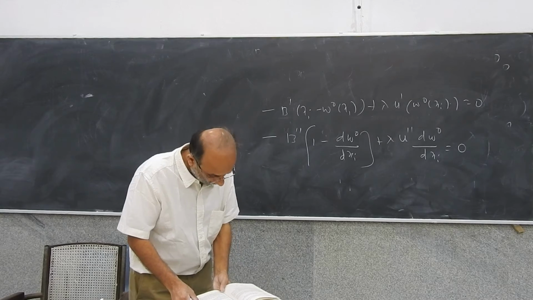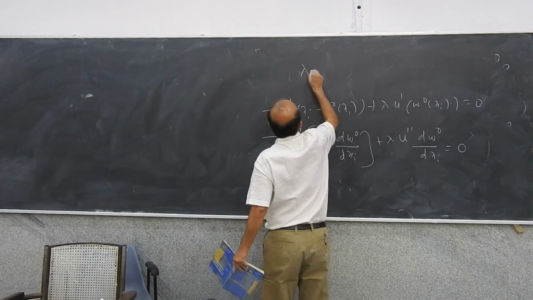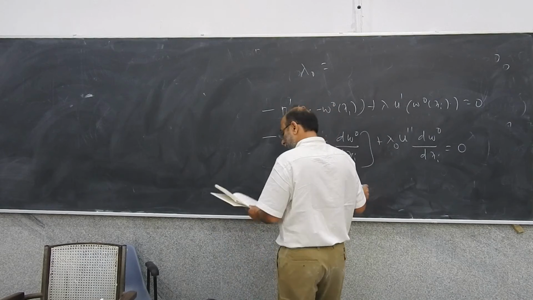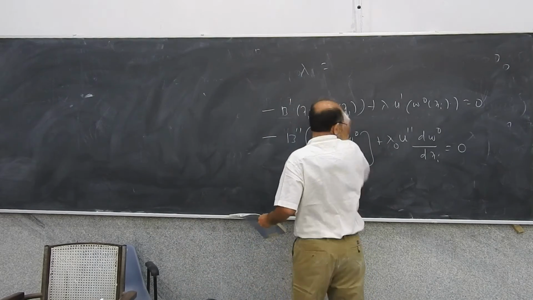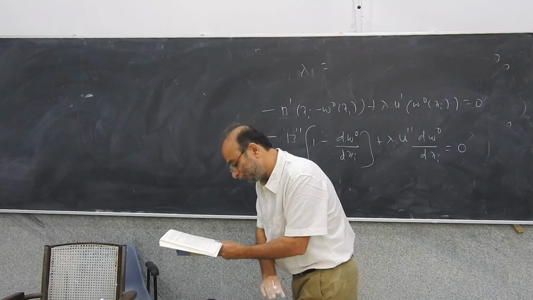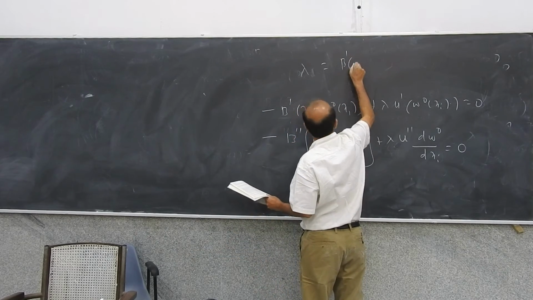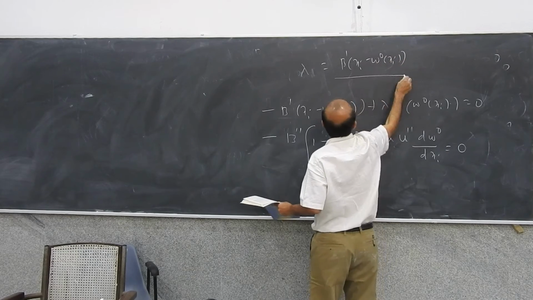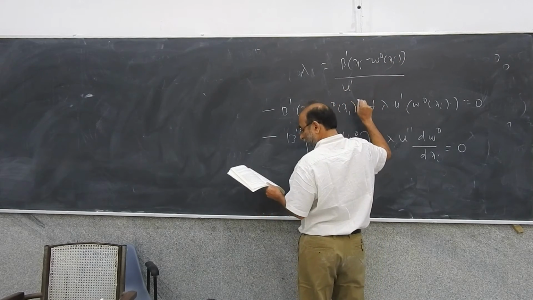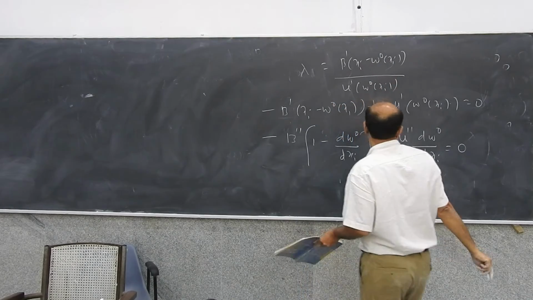From which it follows, now I also know that lambda is equal to b dash over u dash.